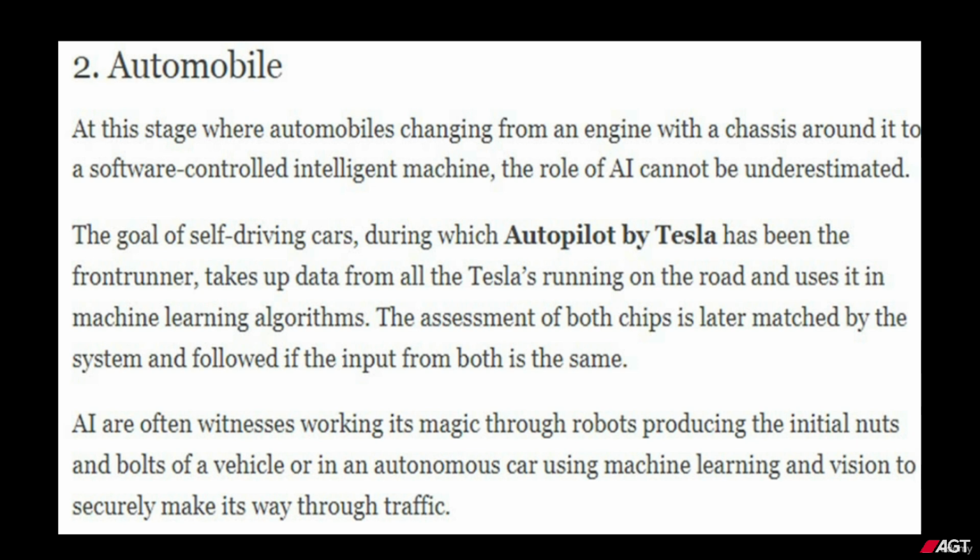The goal of self-driving cars, like autopilot by Tesla, is very important nowadays, and is achieved with the help of AI and machine learning algorithms, which help the automobile industry grow. All auto-driving cars use AI technologies and change the world.